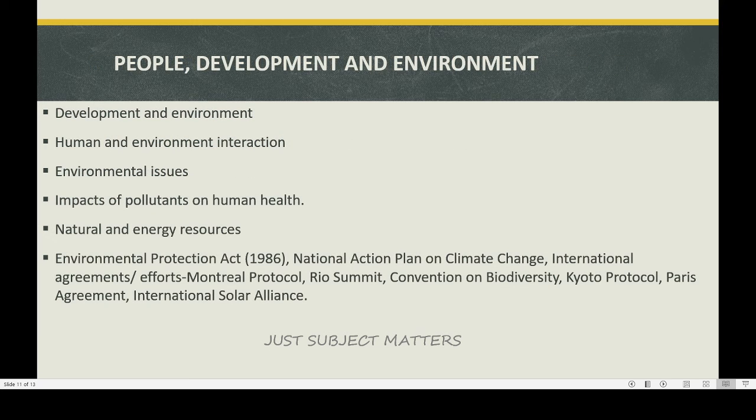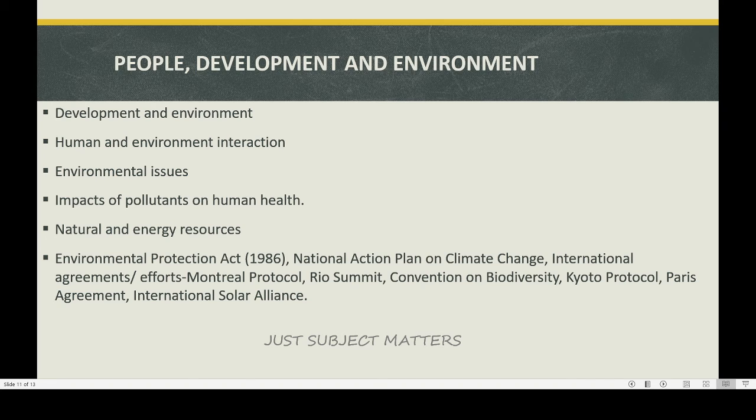And the next topic is people, development and environment. So development and environment are nothing but the millennium development and sustainable development goals, all those have to be gone through. Then human and environment interaction, that is the impacts of humans on the environment.